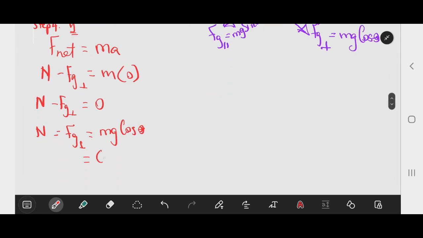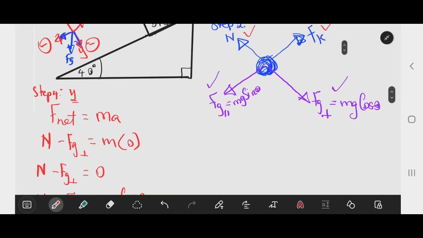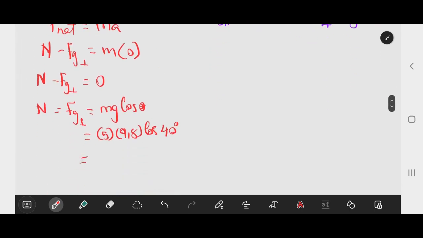So now the mass of the object is 5, g is 9.8, and the angle is now 40 degrees because we have increased the angle of inclination. We want to see the effect now on the normal force. So if the angle theta is now equal to 40, then the normal force is equal to 37.54 newtons.